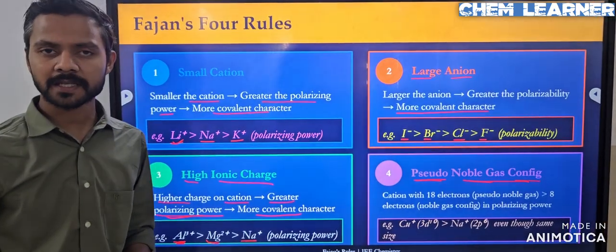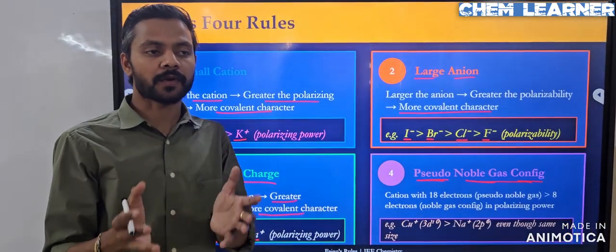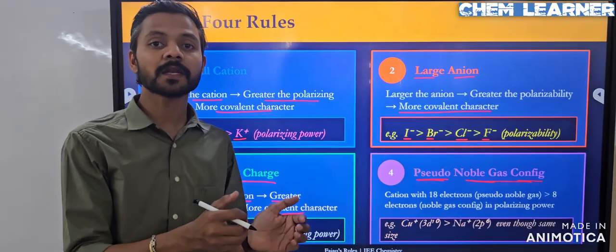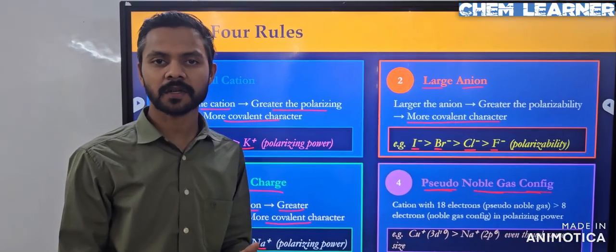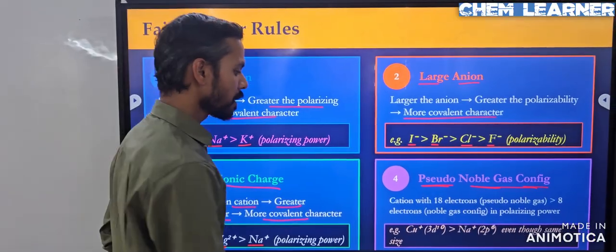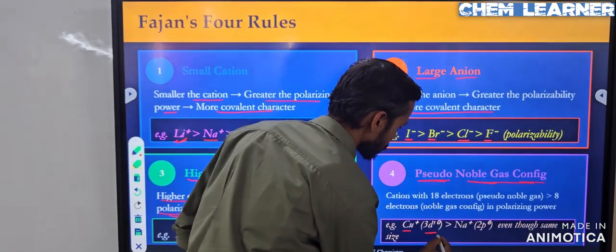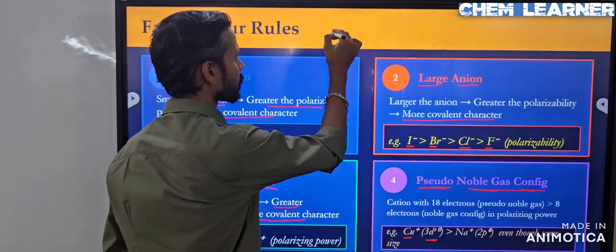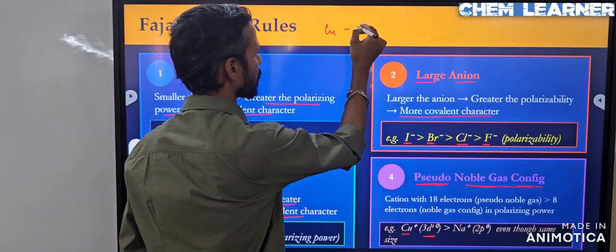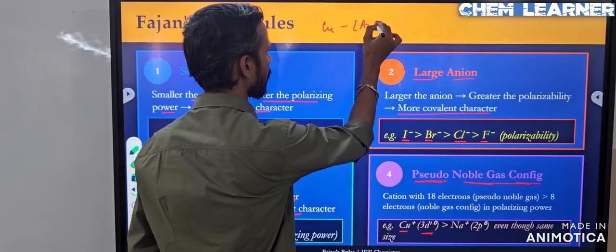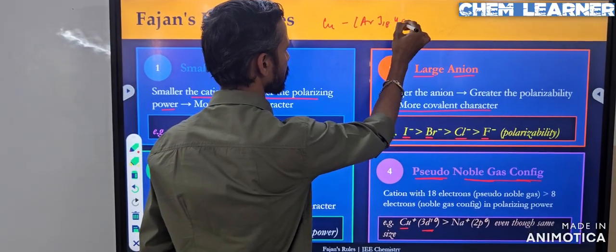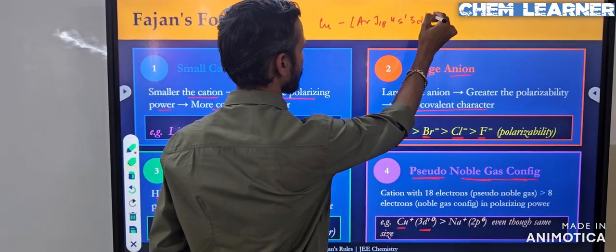Fourth point, the pseudo noble gas configuration. What is pseudo noble gas configuration? It is an electronic configuration similar to the noble gas, but not actually a noble gas configuration. How can we say that? Take the example of Cu positive. What is the electronic configuration of copper? For copper, it is argon 18, 4s1, 3d10.